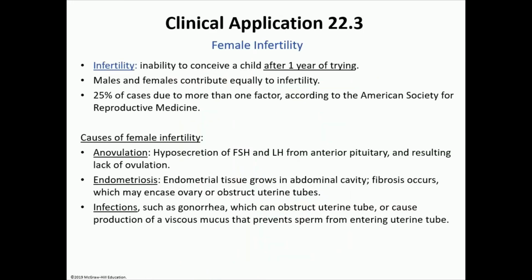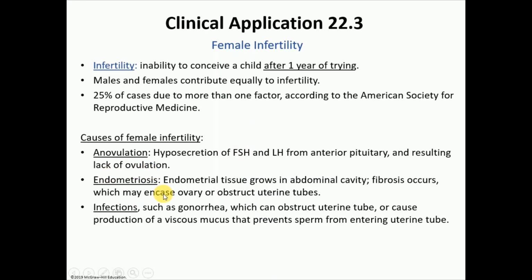So we'll talk a little bit about female infertility, and that is the inability to conceive a child after a year of trying. Male and females contribute equally to the problem. 25% of the cases are due to more than just one cause. Some of the causes of female infertility would be anovulation, which means that there is no ovulation, which could be due to the hyposecretion of FSH and LH.